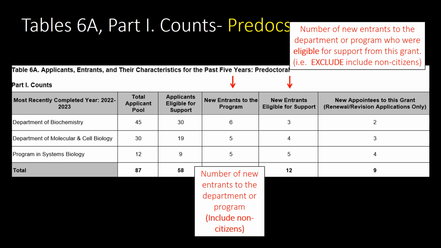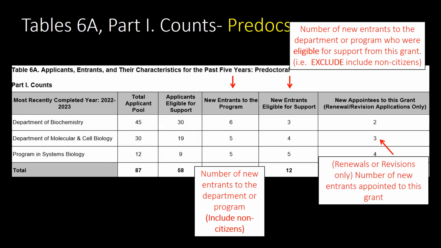So only 3 are actually eligible to be on the training grant. And then you can see in the last row, if it's a renewal, how many were appointed to the grant, which is 3, right? Obviously that number is going to be different based on your renewal grant, and you have, say, 8 slots. 3 of them came from molecular and cellular biology.